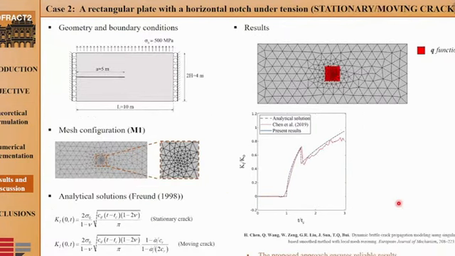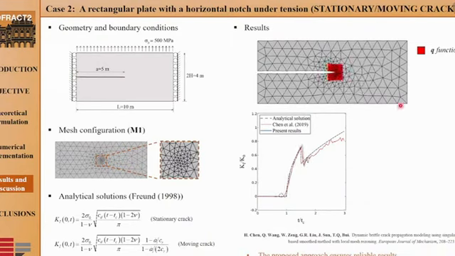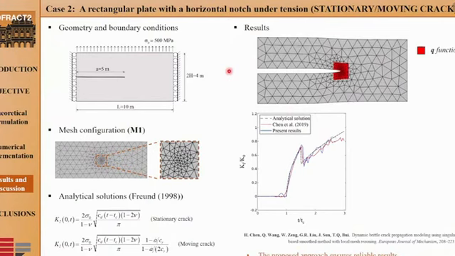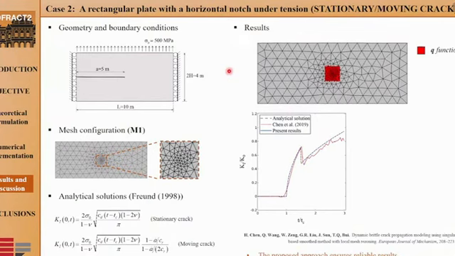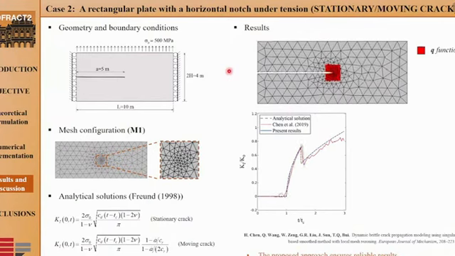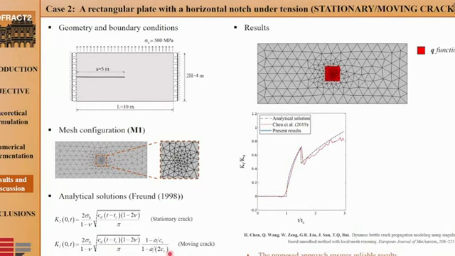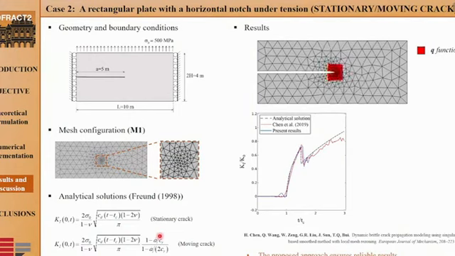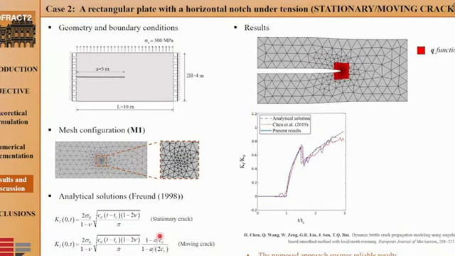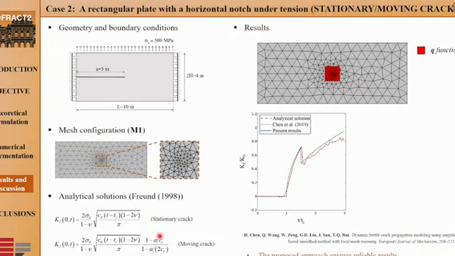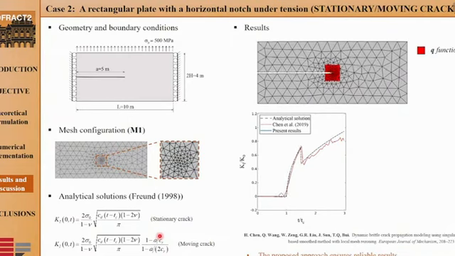In addition, we have examined a combined case consisting of an initial stationary crack that then starts moving at constant velocity. The analytical solution for both stationary and moving crack are shown in the lower left. Also in this case, the results are in good agreement with both analytical solution and prediction provided by Chen et al.